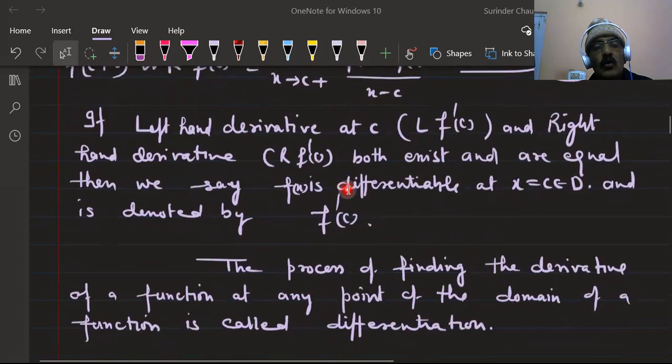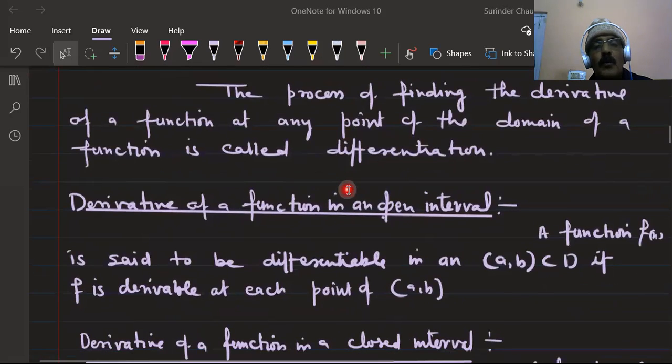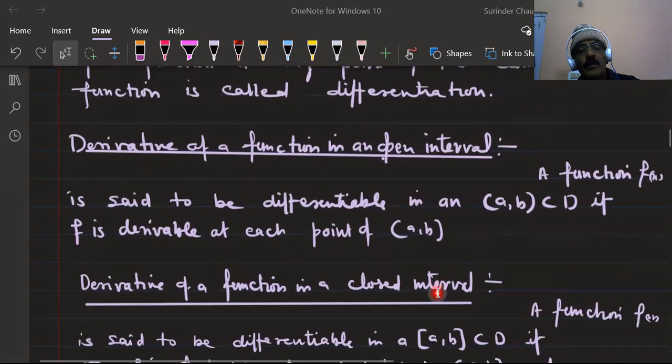Now let's define the derivative of a function in an open interval or in a closed interval. The function f(x) is said to be differentiable or derivable in an open interval (a, b), a subset of the domain of function f(x), if f(x) is differentiable at each point of this open interval.